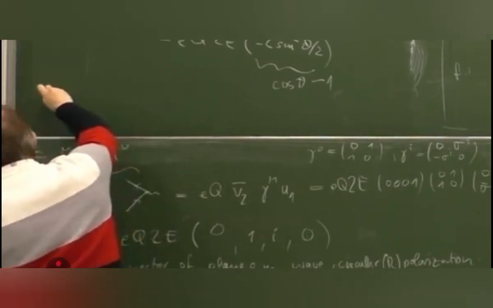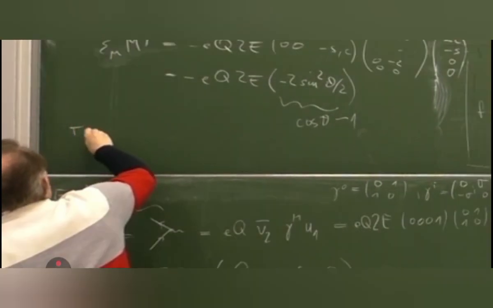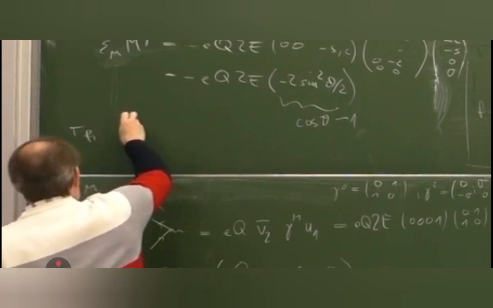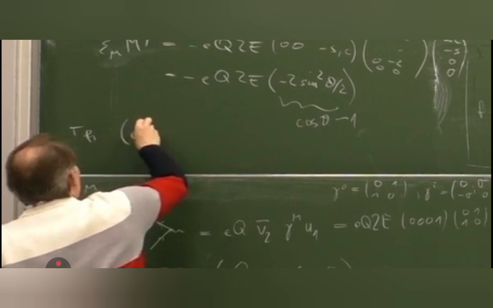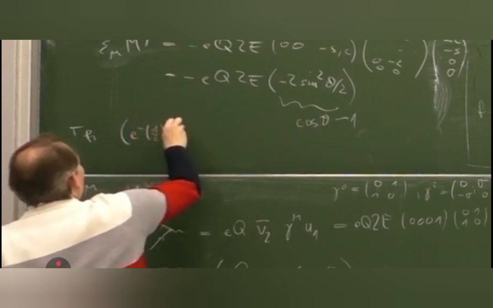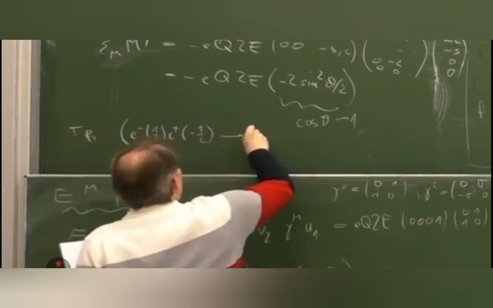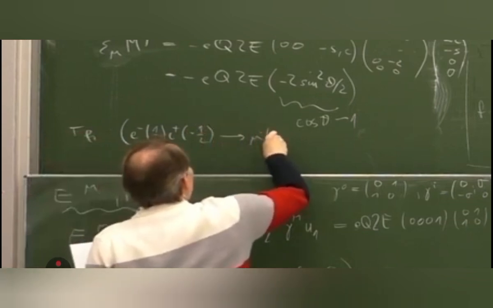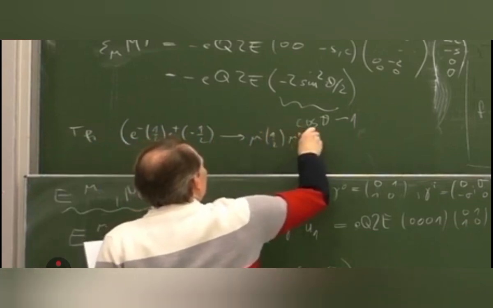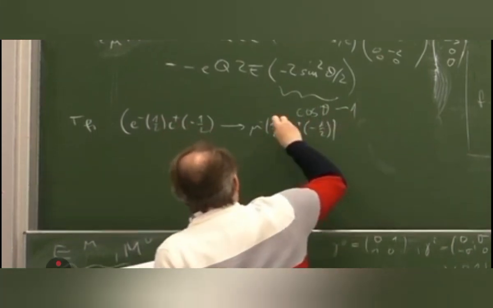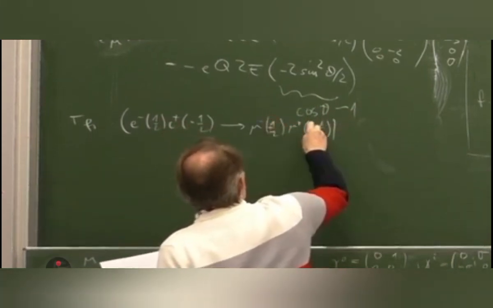Okay, so let's write down the amplitude for all these cases: e minus with spin plus or minus 1/2, going into mu minus with 1/2, or mu plus with minus 1/2, or the opposite, plus minus and minus plus.